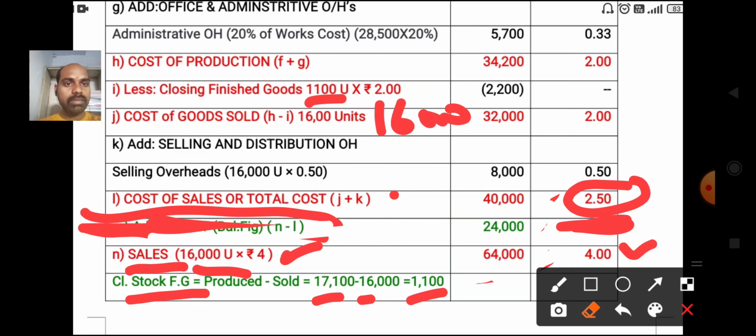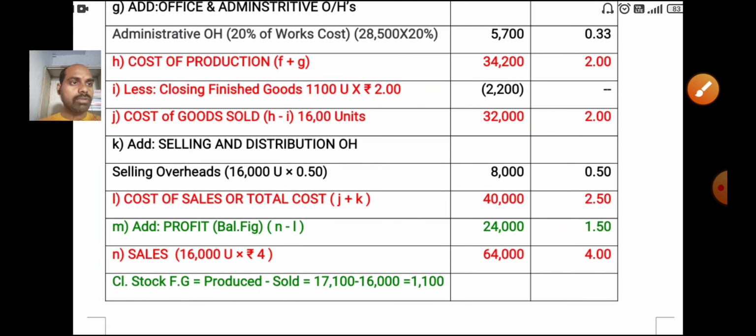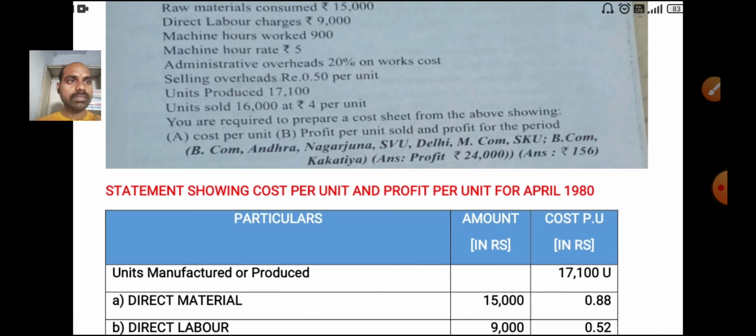So profit is the balancing figure, ये आपका बैलेंसिंग फिगर है. 4 रुपीज़ में से 2.5 निकाल दिए तो आपको पर यूनिट प्रॉफिट आ जाएगा 1.5. This is how we need to solve this problem. Hope you have understood it entirely.